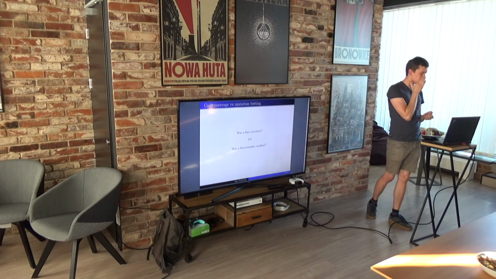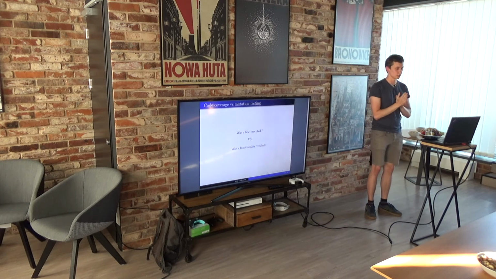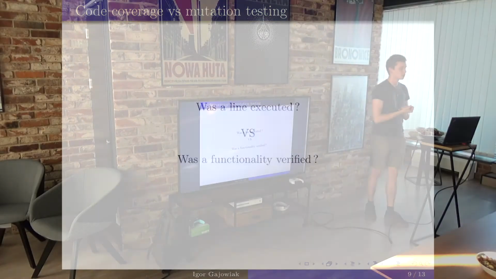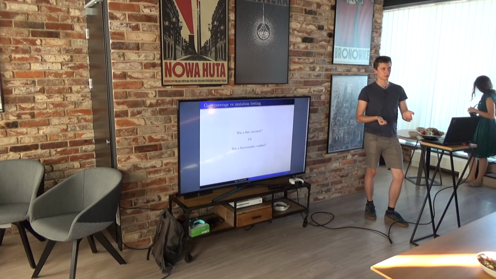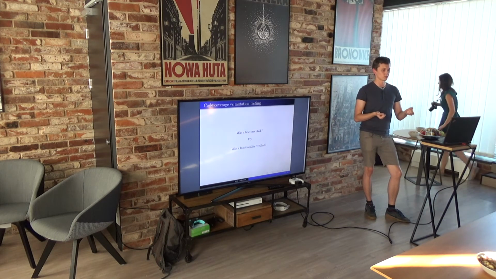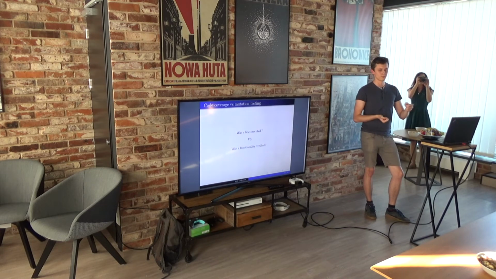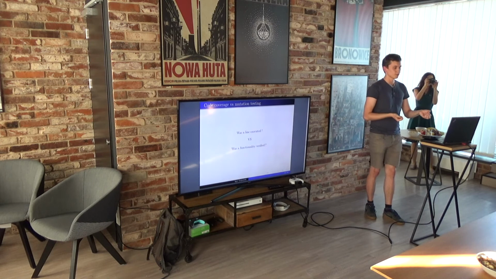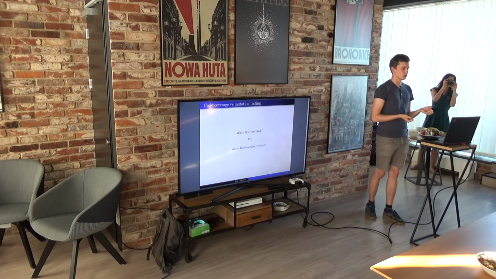So now let's take a look at code coverage and mutation testing and the differences between them. Code coverage answers the question: was the line executed? The answer whether the line was executed or not doesn't tell us much about the robustness of our test suite, because it is very easy to write a test that has 100% code coverage, but doesn't test anything, actually.